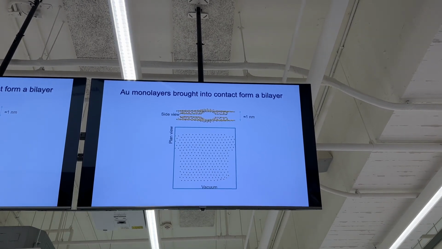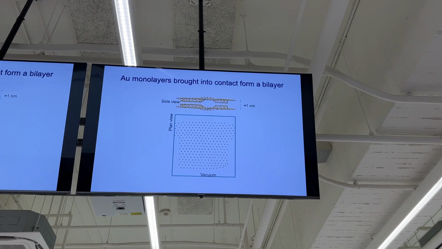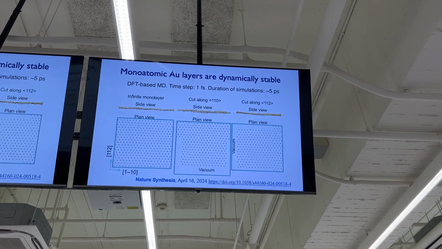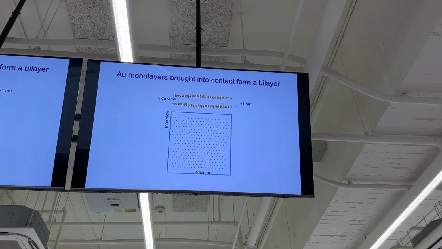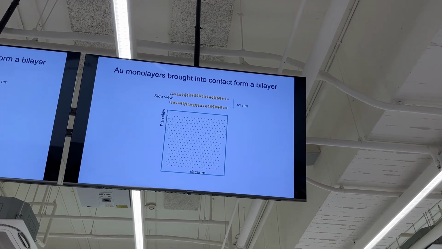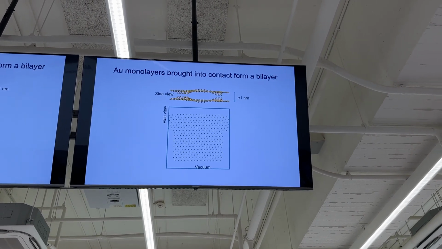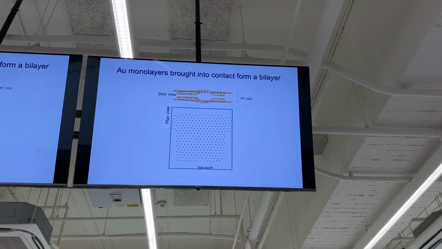That is also how the triple layer gets formed. So then we realized that we have to bring something in between, and that's where the surfactants come into play. I don't yet have a movie of that, we're working on it.